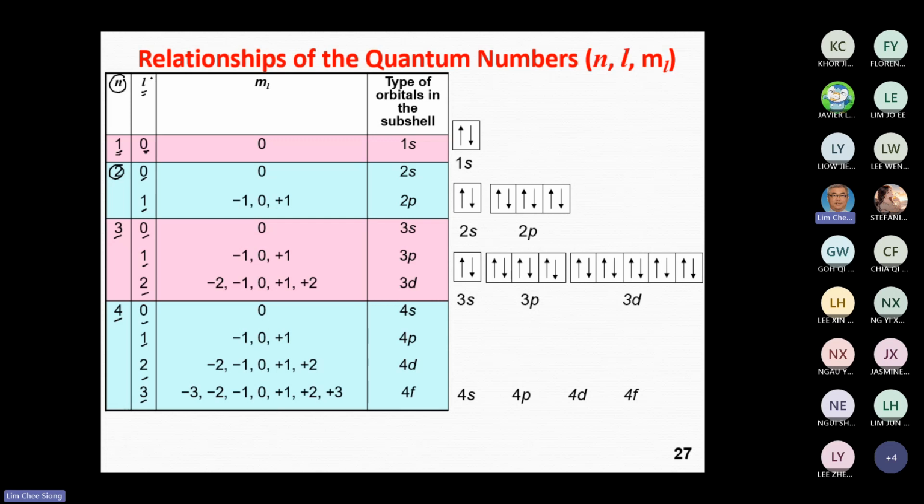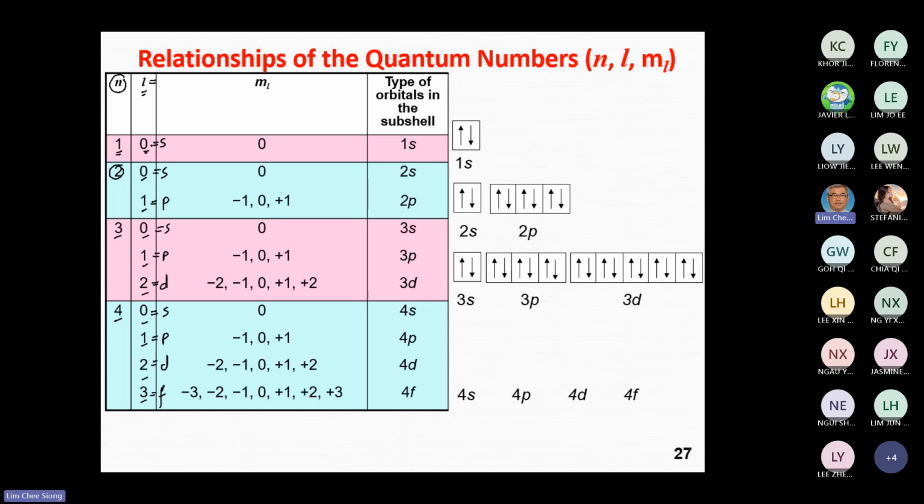Clear? Okay, so these represent the subshell names. For L, for example, 0 represents S, 1 represents P, followed by 2, D. Then when N equals 4, it gives us the angular quantum numbers which go to S, P, D, and F. Clear?